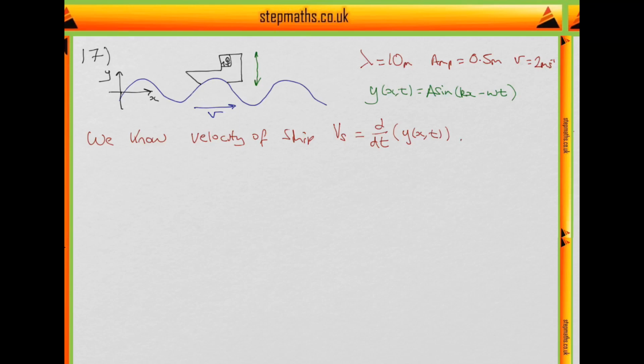But what's confusing here is that our function of displacement is a function of horizontal displacement and time, and we can't differentiate it if it's got both variables in there.